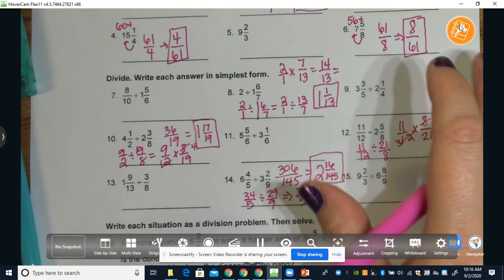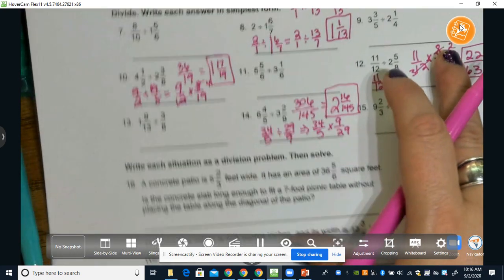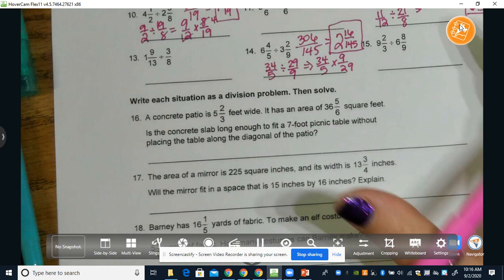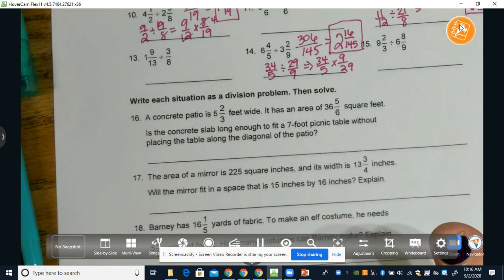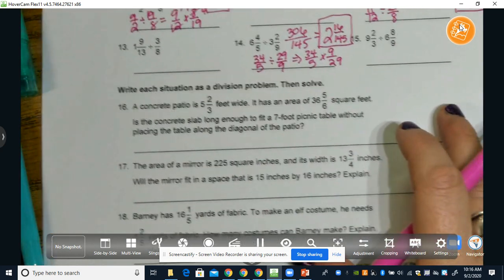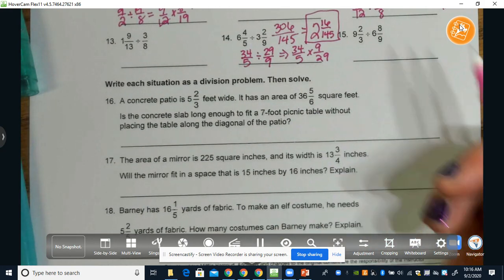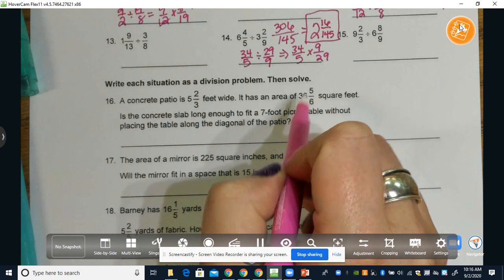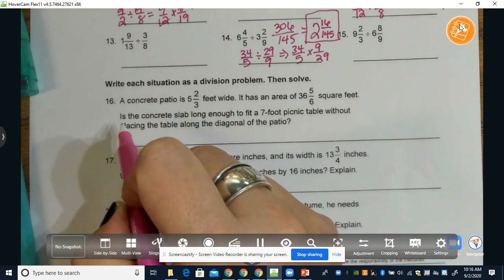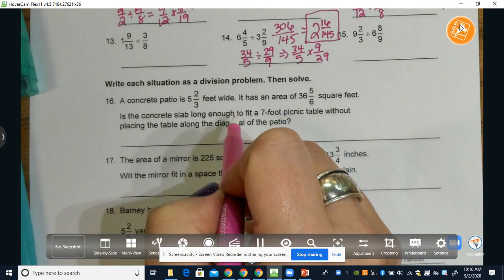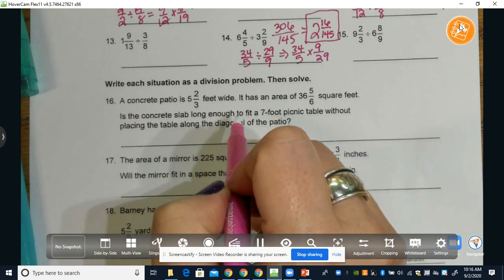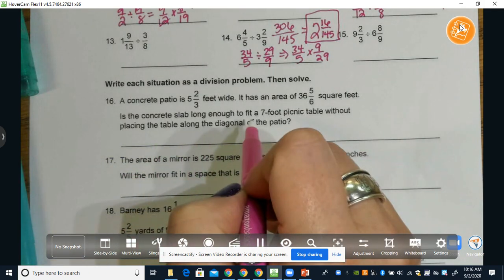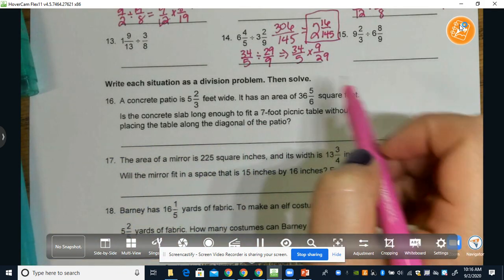Okay, now let's look at these word problems down here. All right, so number 16, a concrete patio is 5 2/3 feet wide and has an area of 36 5/6 square feet. There's a concrete slab. Is the concrete slab long enough to fit a 7-foot picnic table without placing the table along the diagonal of the patio?